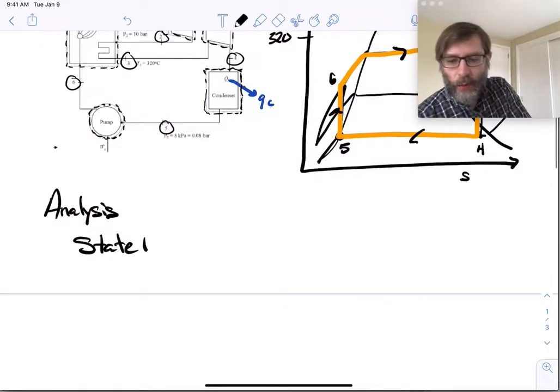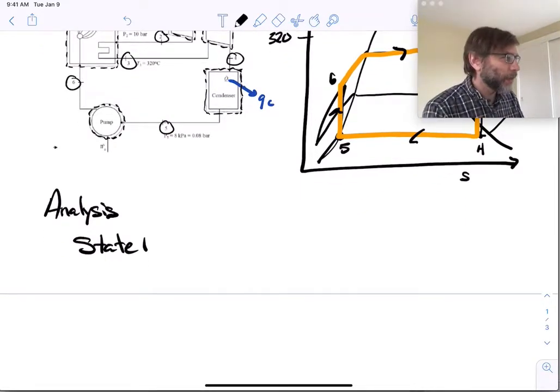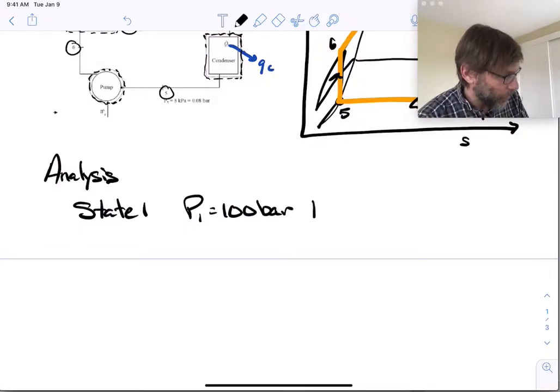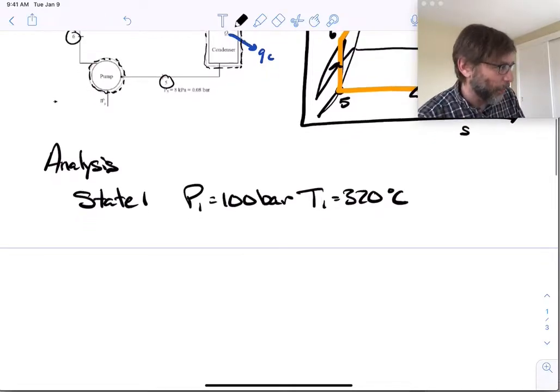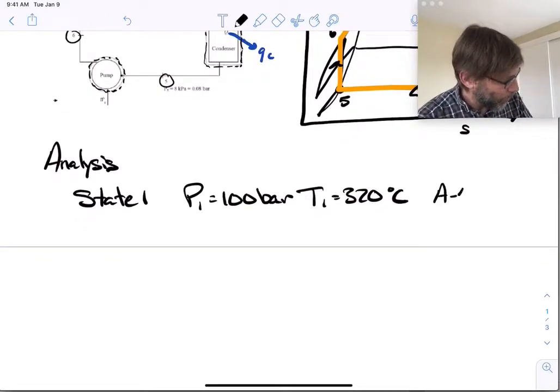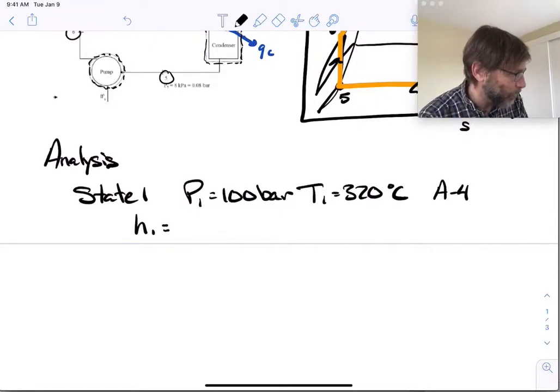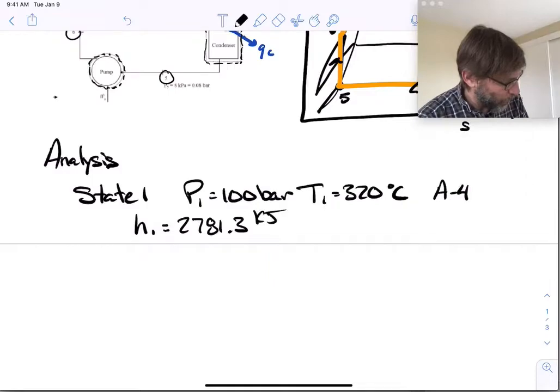We've got the pressure, so P1 equals 100 bar, and T1 equals 320 degrees C. You look in the superheat table, Table A4, and then you can get H1, which is equal to, I'm just copying this down, 2781.3 kilojoules per kilogram.